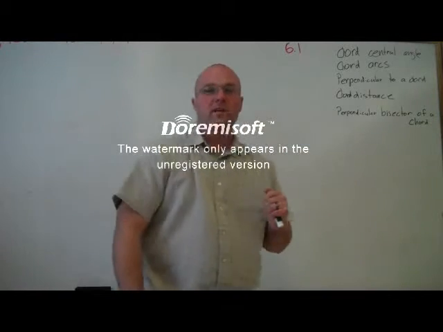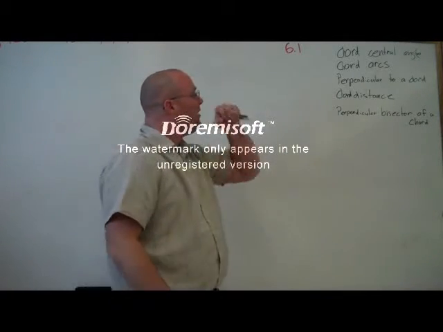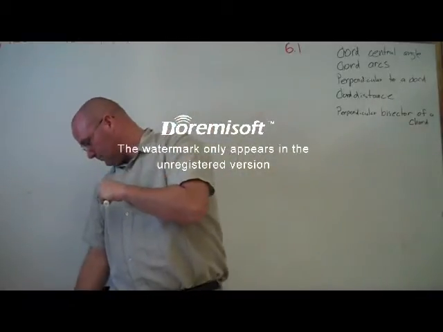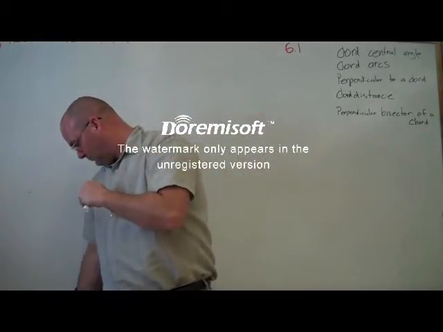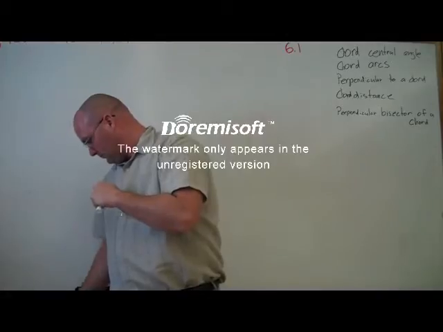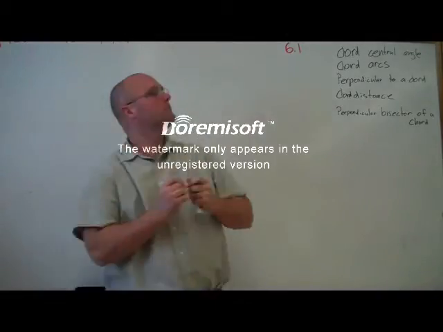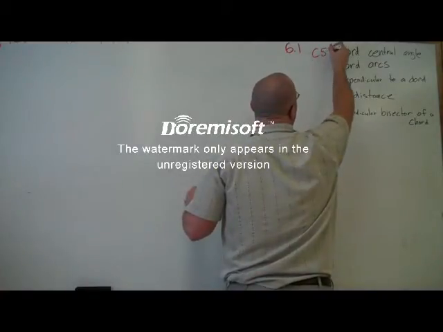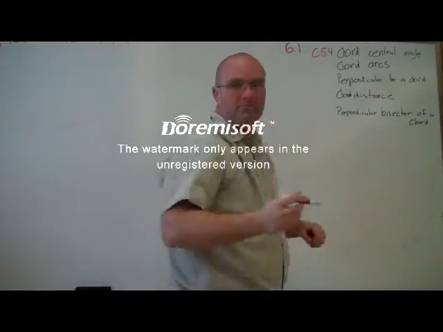Alright, right now we're doing 6.1. Chord central angle conjecture. C54.